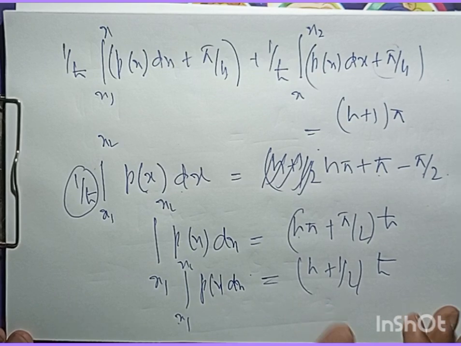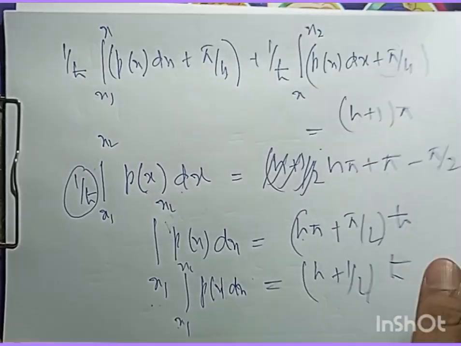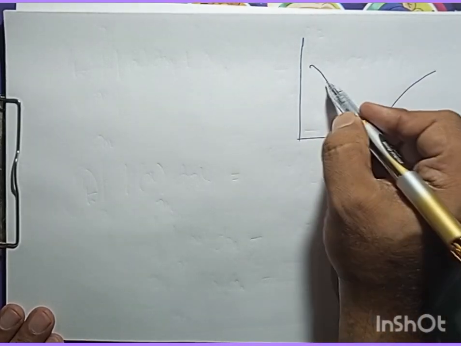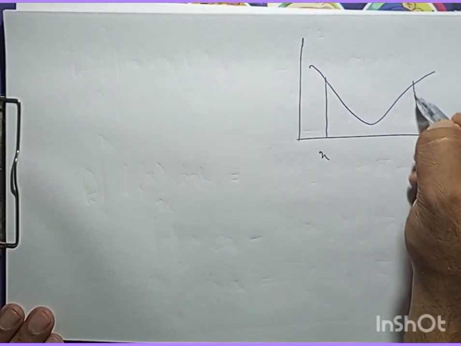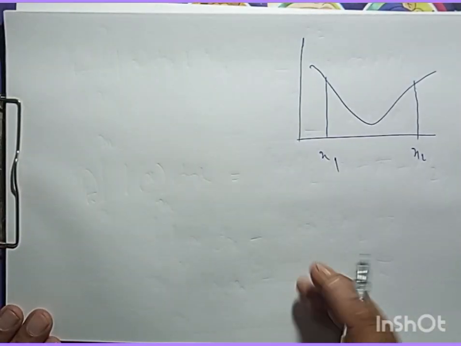And this integral is between the turning points. If I plot down my problem, we have a symmetrical situation. This is x1 and this is x2. The integral that we have here is between x1 and x2, that means it's between the turning points.